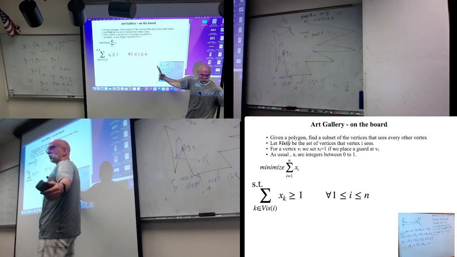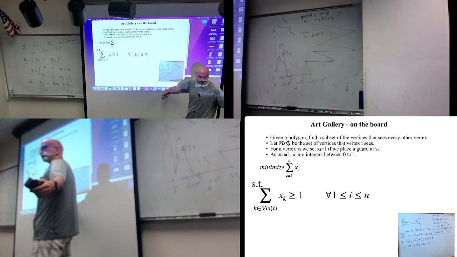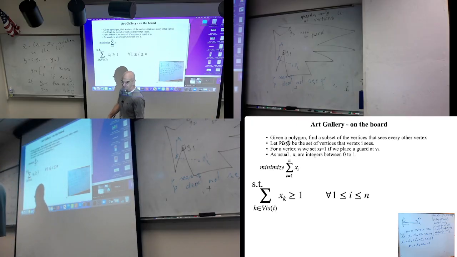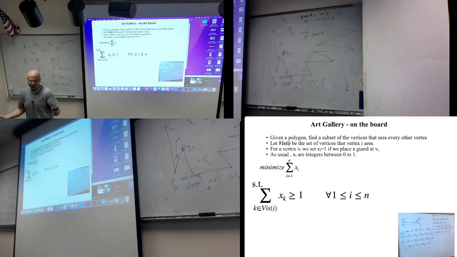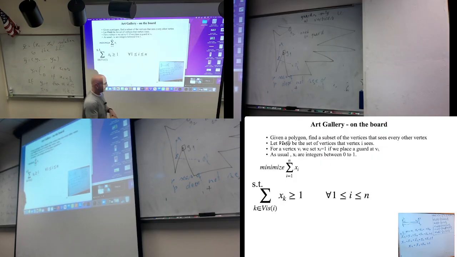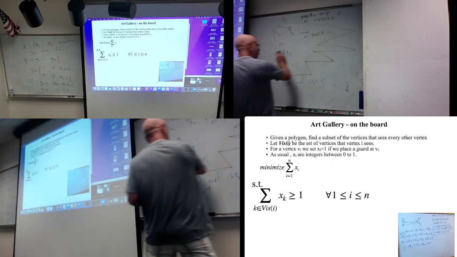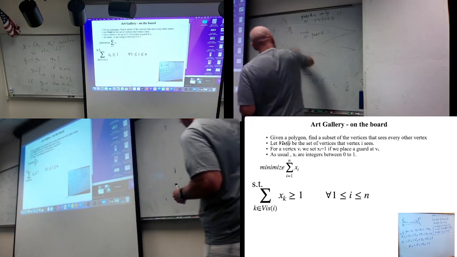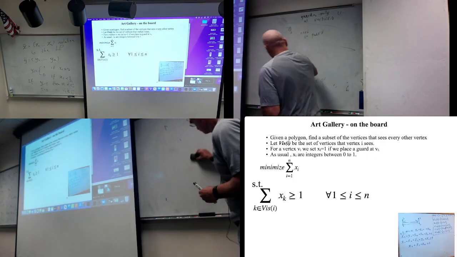In a convex polygon, how many guards do I need? One. Every point will do the job in a convex polygon. Are there non-convex polygons where one guard is sufficient? Can you draw one example where one guard is enough, but the polygon is not convex?